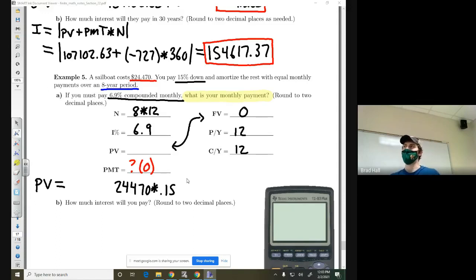So what part do we actually put in? It's 24,470 minus that 15% deduction, because you're subtracting off 15%. That's what it means to put 15% down. So this problem is tricky for that aspect alone. Whatever you get from that is your PV.